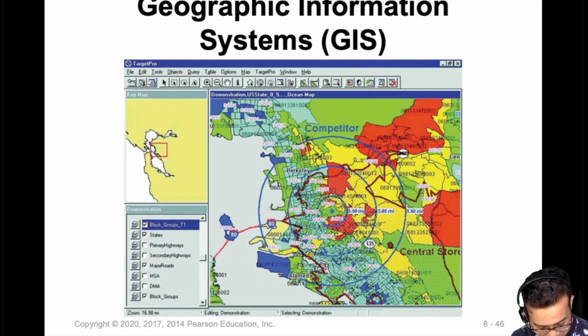Darden Restaurants identify markets by income, ethnicity, product use, age, and so on.